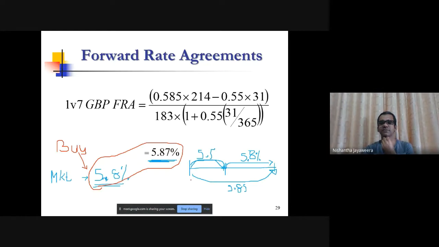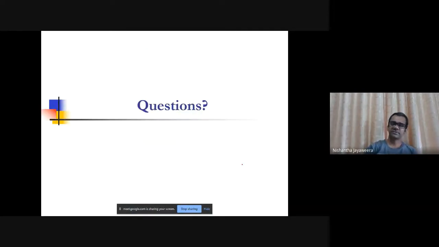Then should you create a liability here or an asset here? Think about it. Any other questions? However, it's good that you remind me.